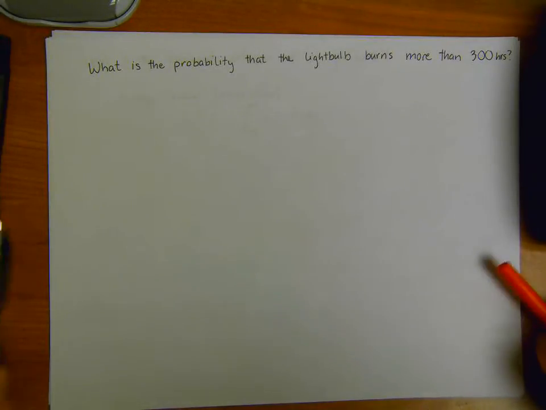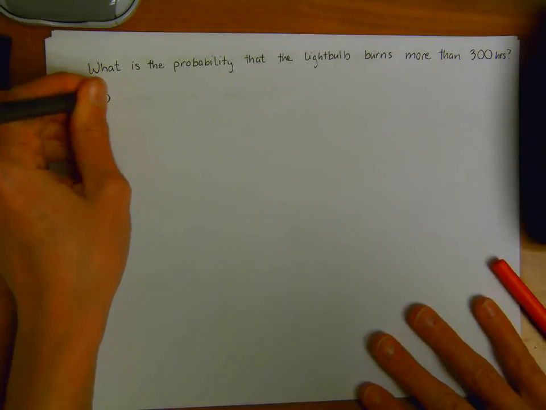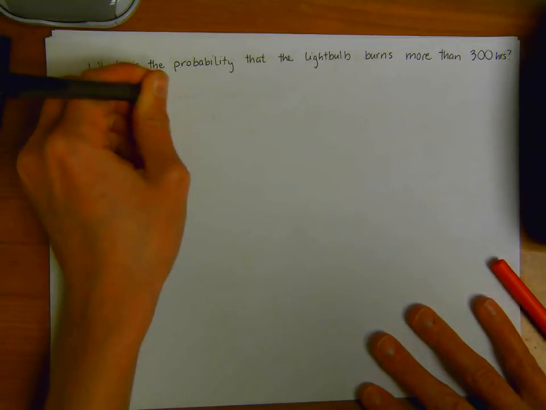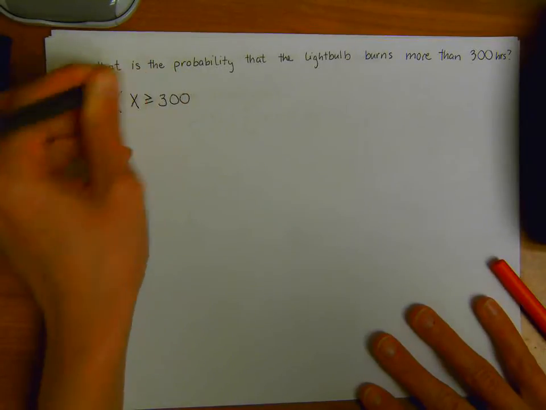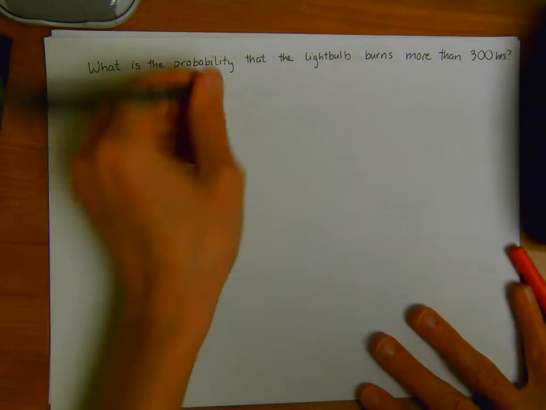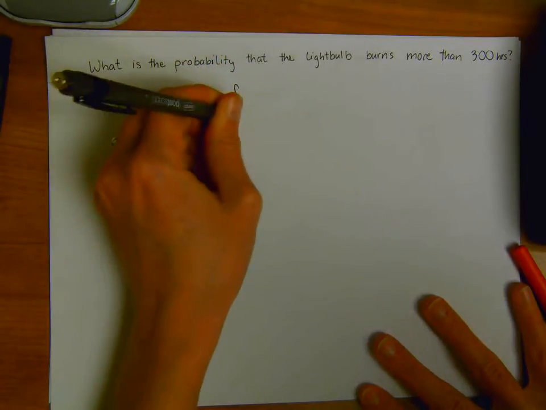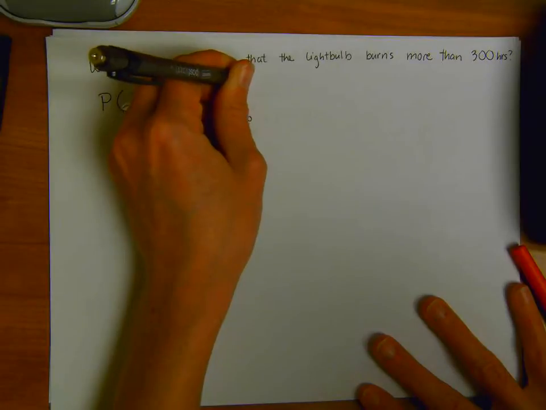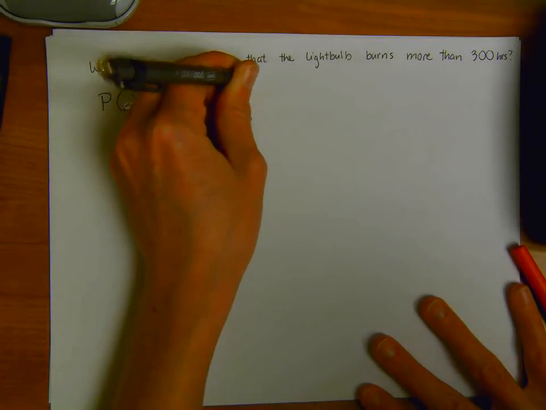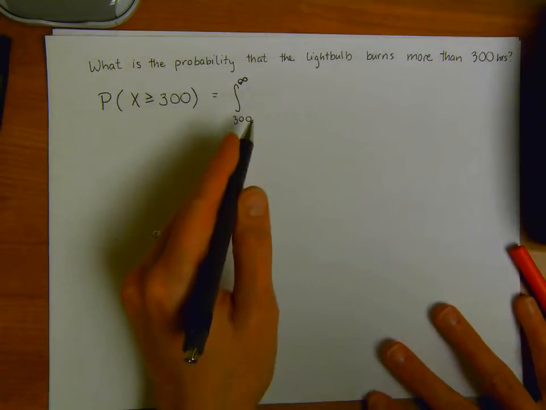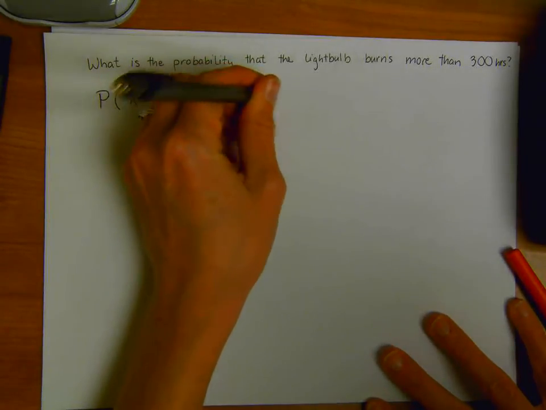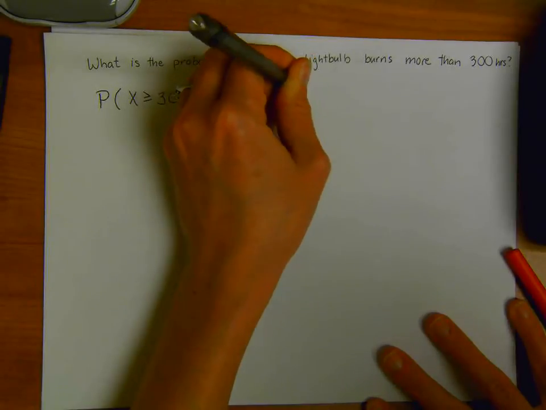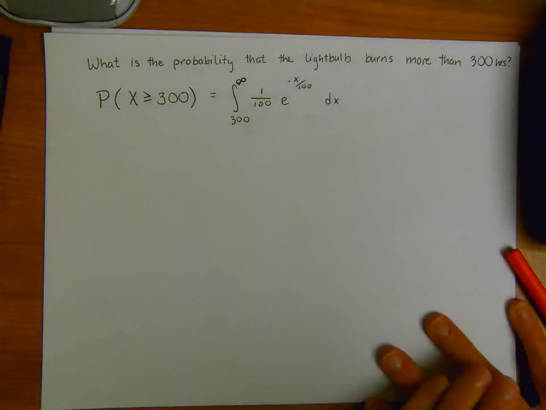I'm going to write this out with formal notation. The probability that my random variable x is greater than or equal to 300, because x is how long it takes before it burns out, is going to be the integral from 300 to infinity. And maybe you don't like this notation, but I'm going to use this notation as shorthand of 1 over 100 e to the negative x over 100 dx.